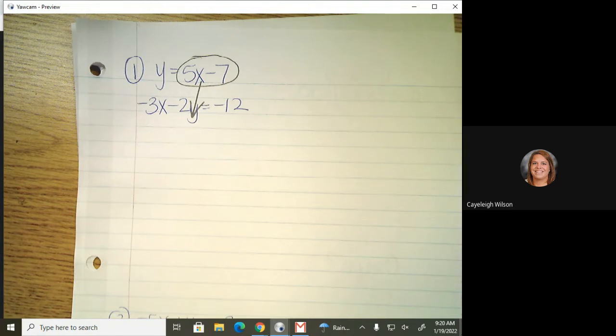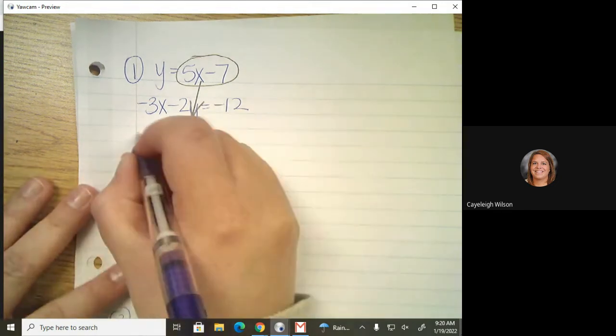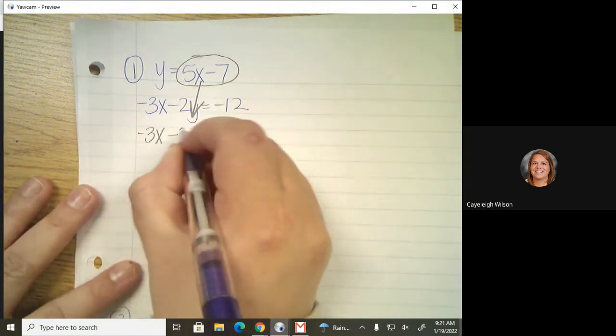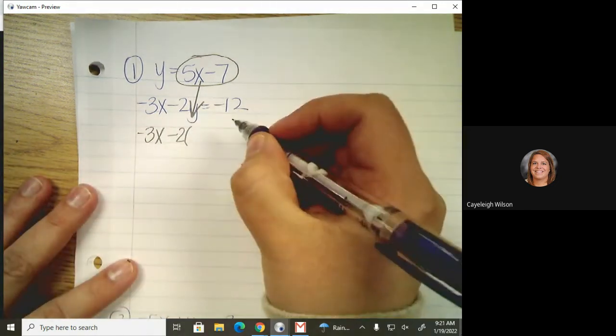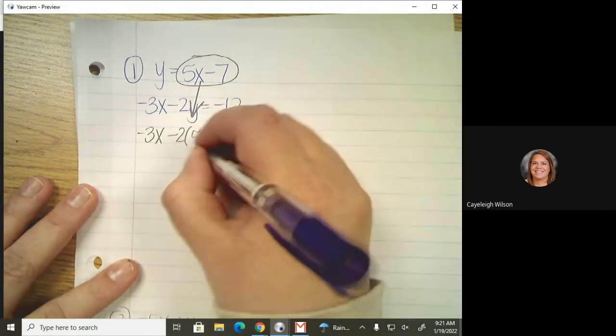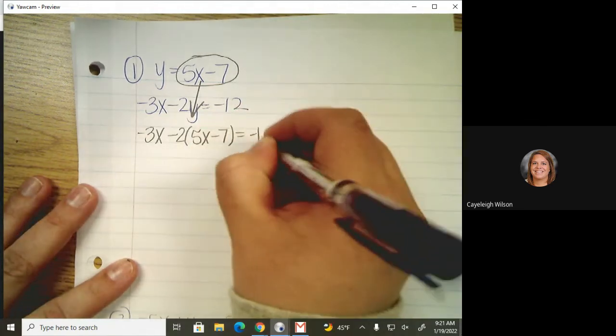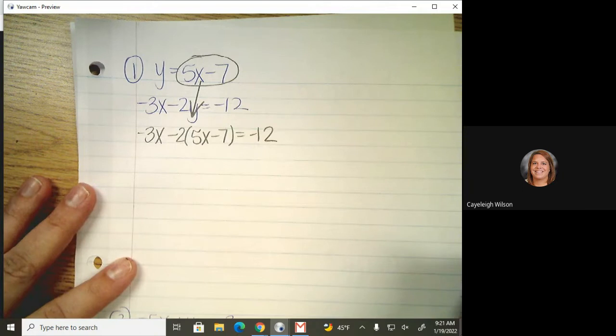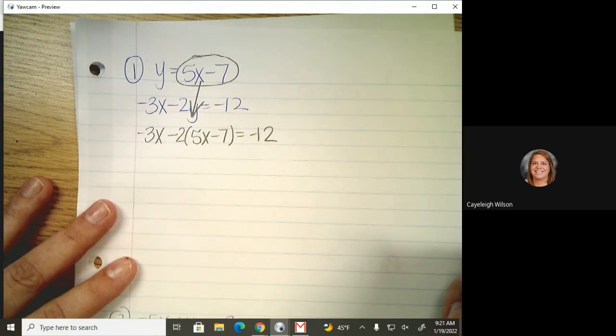So you should have had negative 3x minus 2, and then the y is substituted out, and the 5x minus 7 is substituted in. Remember, the whole goal of substitution is to get rid of one of the variables so that you only have one variable left.